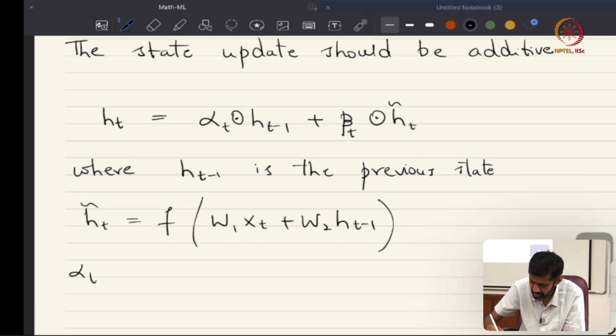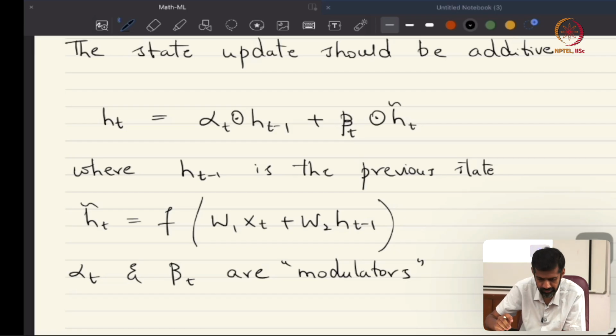So alpha t and beta t are modulators, some okay, that's all. So now what am I doing is, look at this.